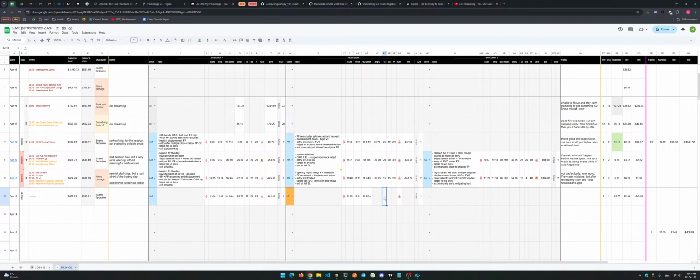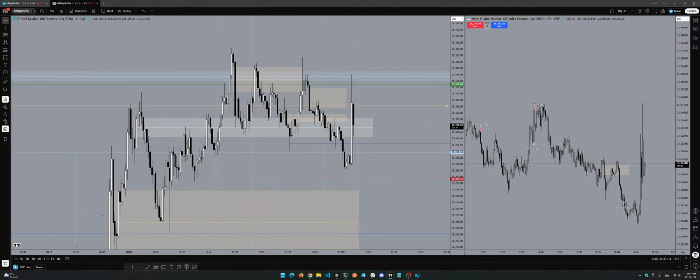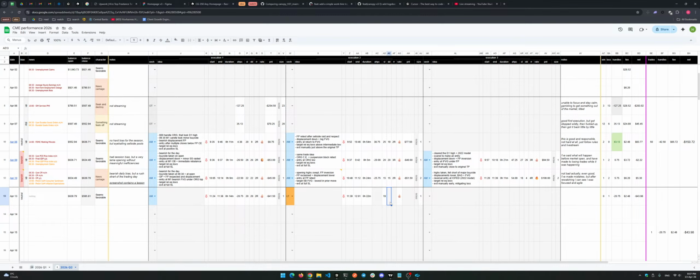Stop loss 19 handles. Drawdown at 6:25, drawdown is 8, 9 handles, let's say.